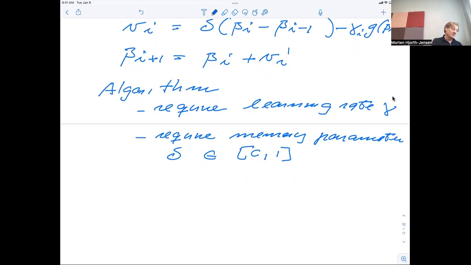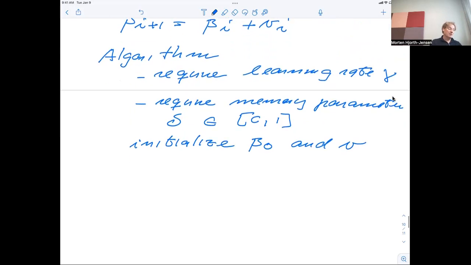And then you initialize the parameter beta. So you would typically set a parameter beta 0 and this parameter v. That means you would actually set up a v0, but you have to be a little bit careful because you don't have v of minus 1.